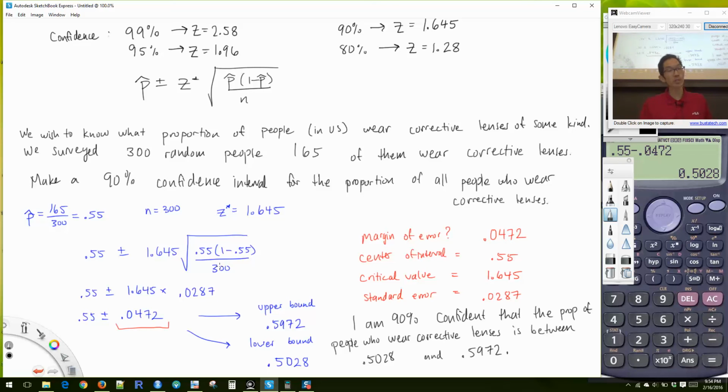I'm just applying labels to these things, because when we created confidence intervals, the people said, we're going to call this thing the critical value, and this thing the standard error. I'm just telling you that these are what they're called. It's not like I'm making up stuff here.